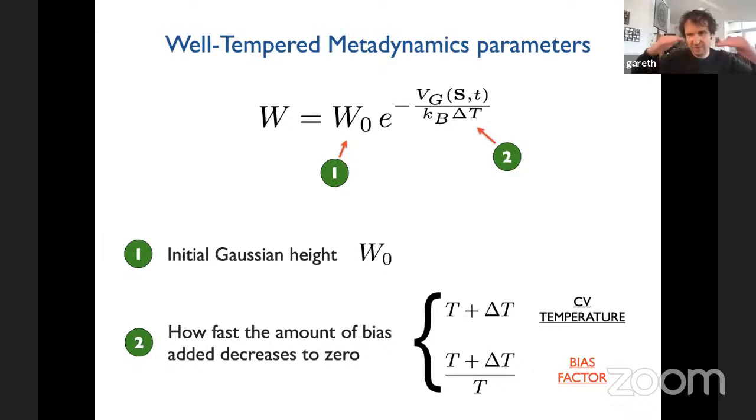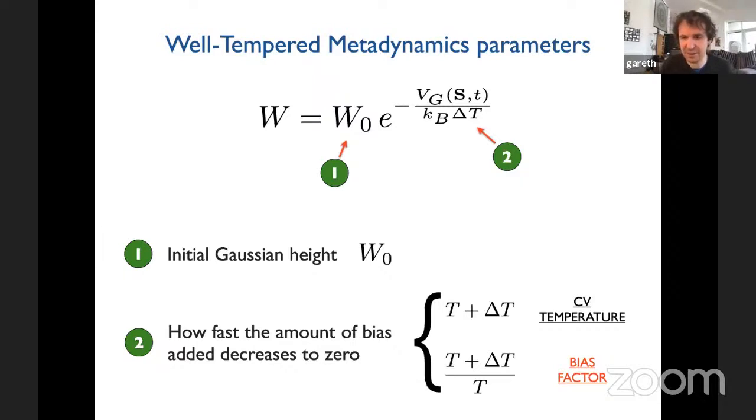So when we're doing well-tempered metadynamics, we're doing dynamics along the CV at a higher temperature than the dynamics of all the other bits and pieces that are moving around. The temperature that the CV is exploring at is T plus delta T. You don't want that to be too high, because then you're crossing barriers that aren't going to be crossed at T plus delta T.